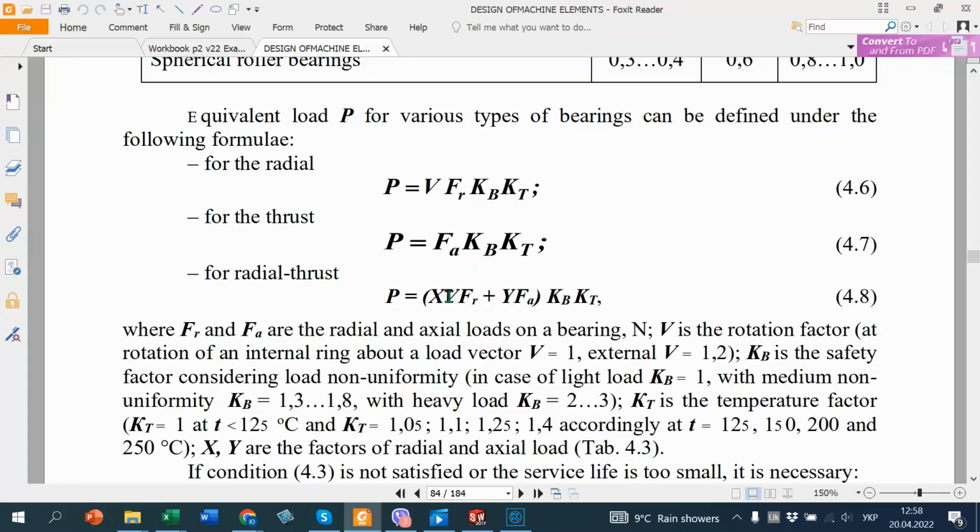So V is 1, and finally we have a formula like this. Equivalent load is Fr, the radial load, times Kb, because Kt is 1, V is 1.